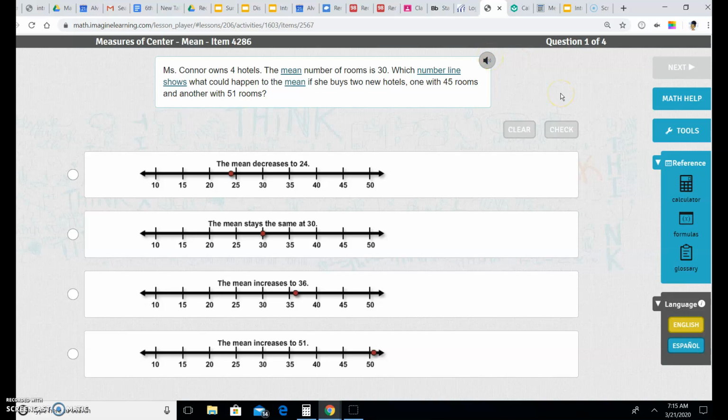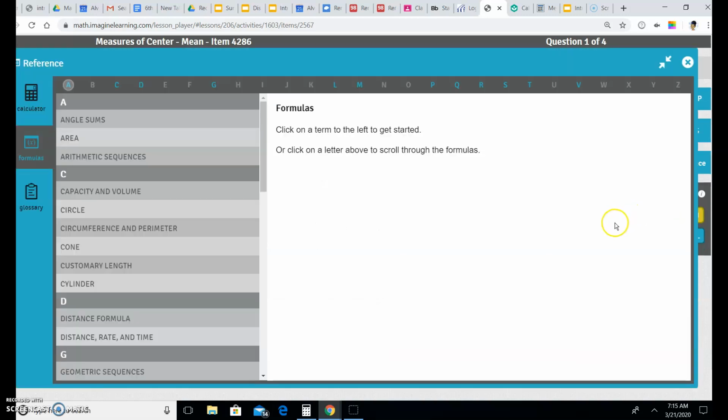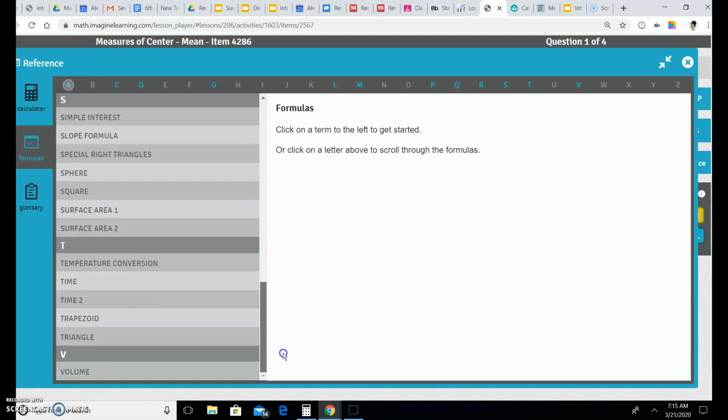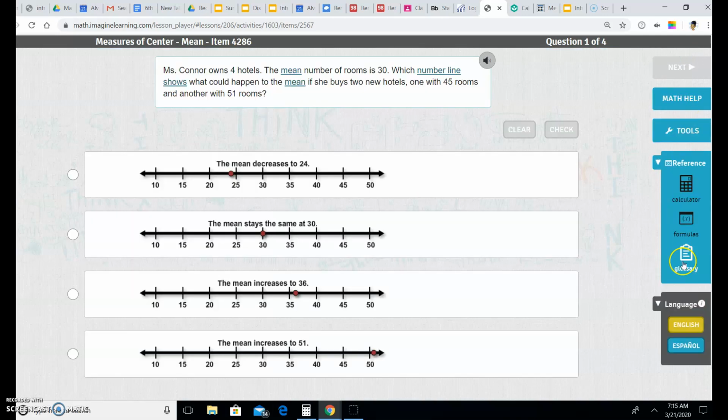Make sure that you're writing down notes from the Imagine Math pathway and questions that you didn't understand, so when we have our time during my office hours we can discuss them. There are different formulas here, but you probably won't need that for this particular one. Lots of formulas about different things, but we probably won't have the formulas you need for this lesson, but that is a tool that you can use in the future.